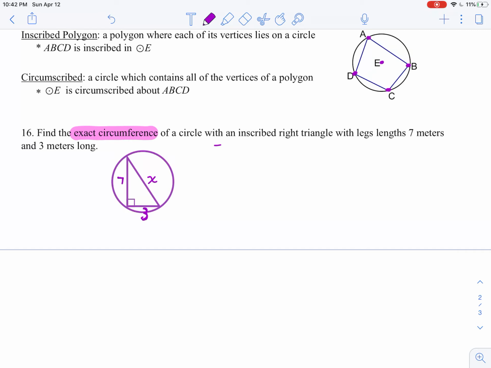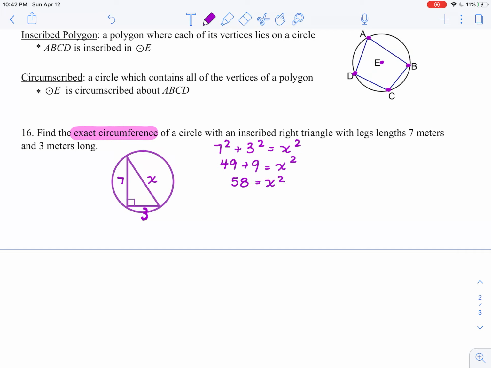If I plug these into the Pythagorean theorem, 7 squared plus 3 squared equals the hypotenuse squared. So 7 squared is 49, 3 squared is 9. 49 and 9 is 58.